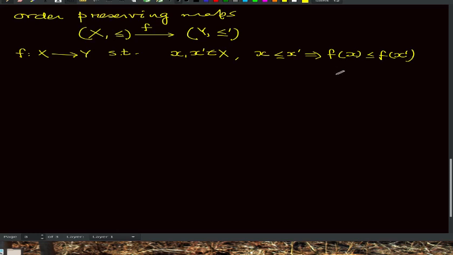Satisfied. That means the function f is very special in the sense that it preserves the partial order, the order relation.